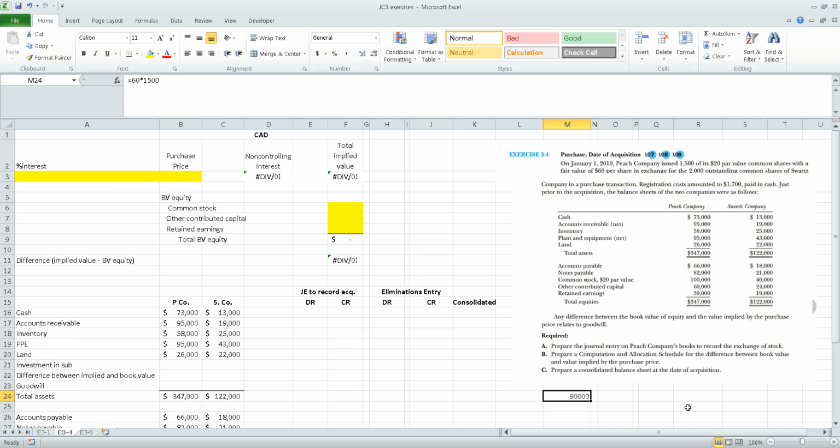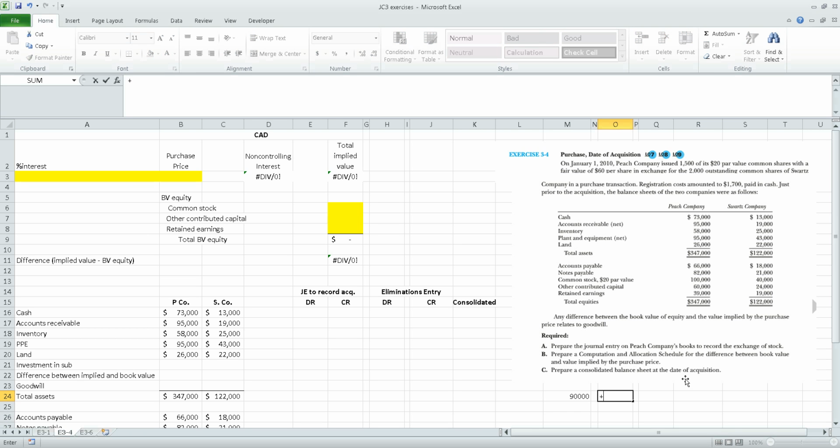Now we know that Schwartz has total stock outstanding with an aggregate par value of $40,000, and that the par value of Schwartz's common stock is $20 a share.